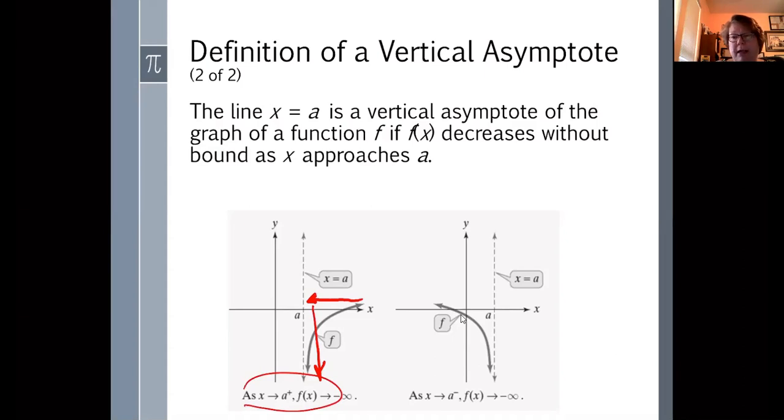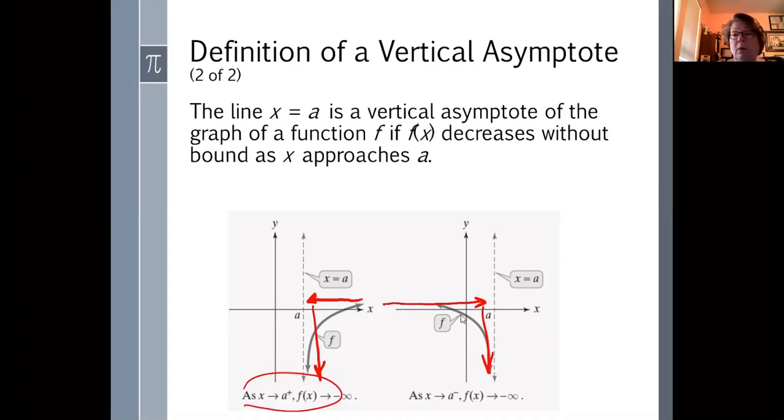The second graph, the graph on the right, shows the same thing, but now we're approaching that vertical line x equals a from the negative x direction. And as x approaches that line from the negative direction, the value of my function decreases without bound. So as x comes toward that vertical line, y goes to negative infinity. So that's what vertical asymptotes are.